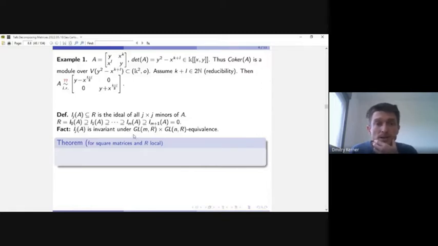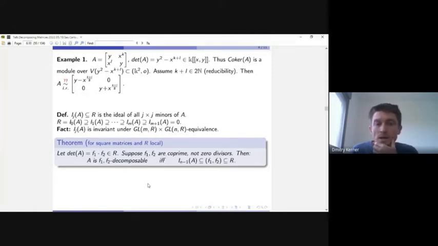And now the theorem. For simplicity, I stated it for square matrices and for a local ring. So suppose the determinant factorizes into the product of two elements. Suppose they are both coprime, and they are not zero divisors. The ring is an arbitrary local ring, so it could contain zero divisors, but suppose these are regular elements.